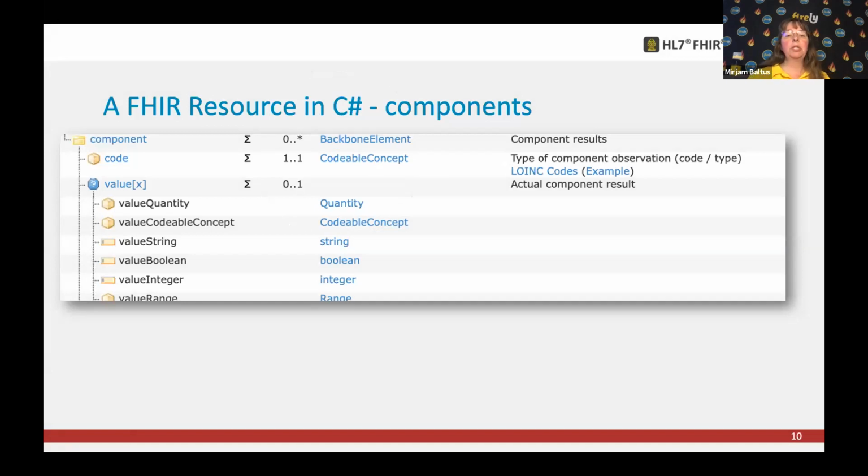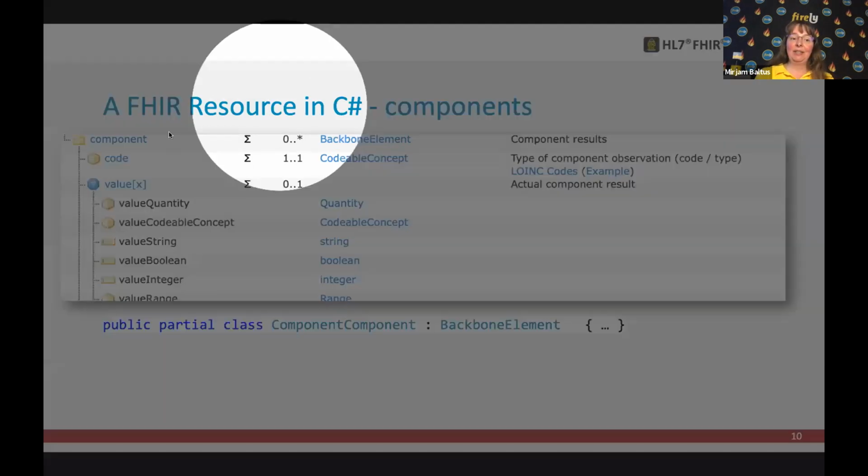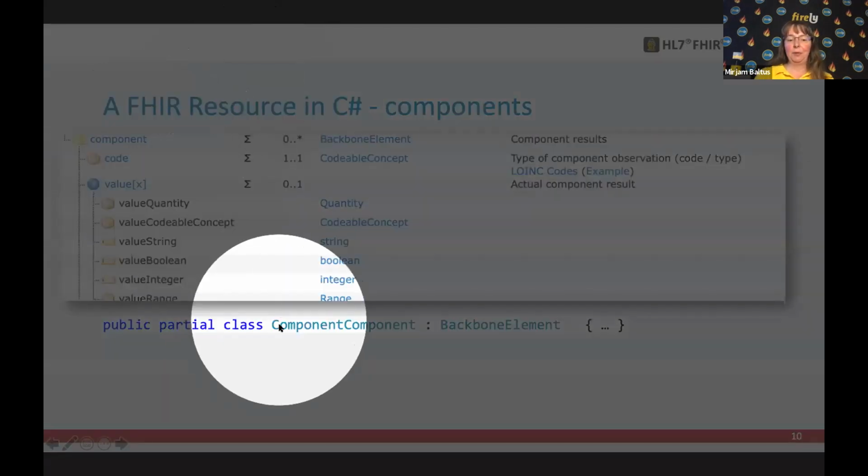Whenever you see a construction like that in the FHIR specification, you will see that we have an extra class added to the FHIR library. So in this case, you can see we have this component. It sounds a bit duplicate actually in this case, but that's because we always take the field name, which in this case is component. So that's the first one.